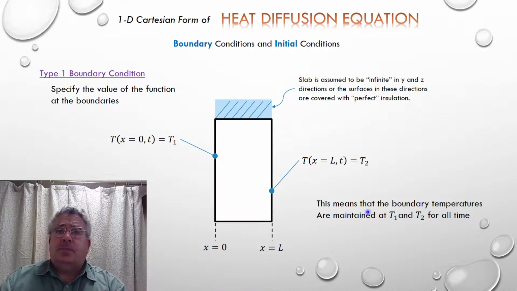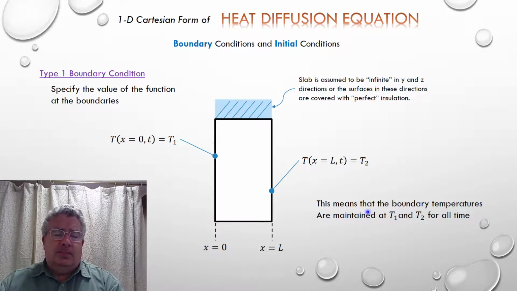We'll come back to that in a second, but let's go ahead and talk about the boundary conditions that we're going to apply to it. The first type of boundary condition is where we specify the temperature of the boundaries. Again, we're not going to worry about the mechanism by which we're specifying and holding these surfaces at a set temperature. As I said, we might have to use a heating jacket and a cooling jacket so that we can somehow maintain the temperatures perfectly, but this is more of a thought experiment.